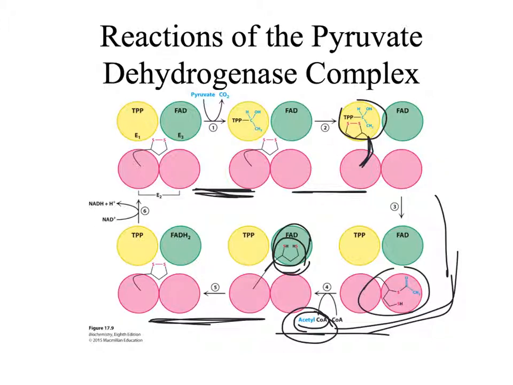And then there's a transfer of protons and electrons to NAD+, and that's what's happening here in step 6. And that is completing that particular reaction cycle so that we can then go through it again as more pyruvate is coming in and needs to enter the citric acid cycle.